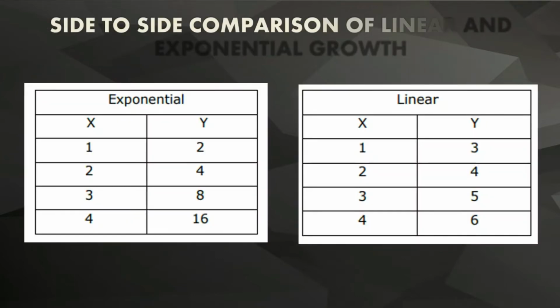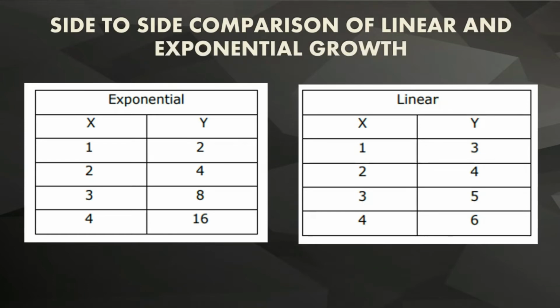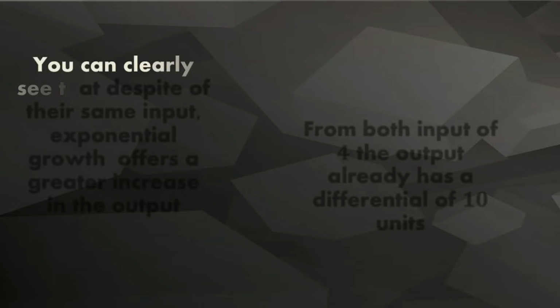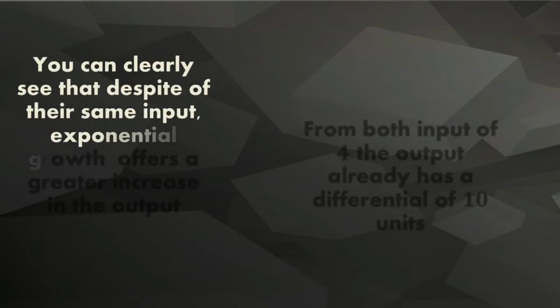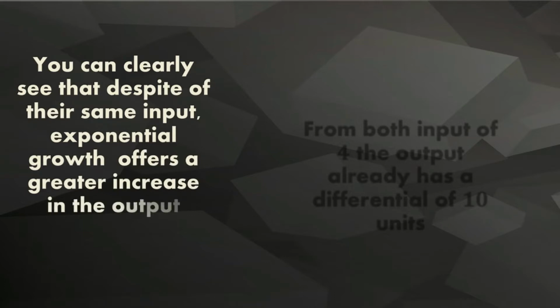Here's the side-to-side comparison of linear and exponential growth. Take a look. Makikita nyo rito na despite of their same inputs, yung exponential growth ay nag-o-offer ng mas mataas na output.